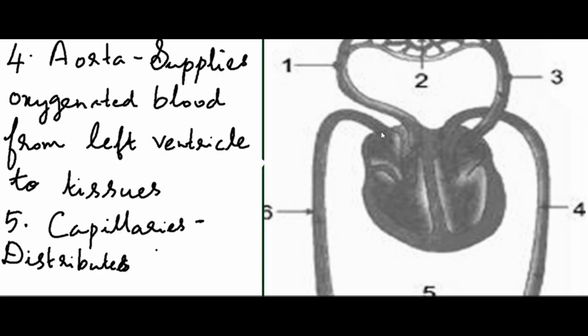Or if you're writing about the aorta, part number 4, you can write: aorta supplies oxygenated blood from the left ventricle to the tissues. And number 5 represents the capillaries, which distribute oxygenated blood towards the tissues.